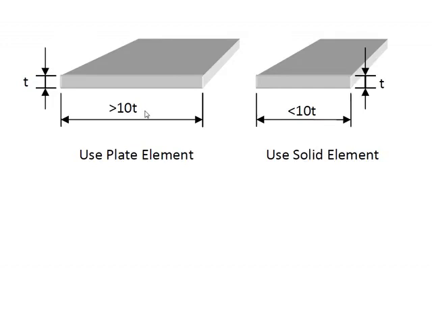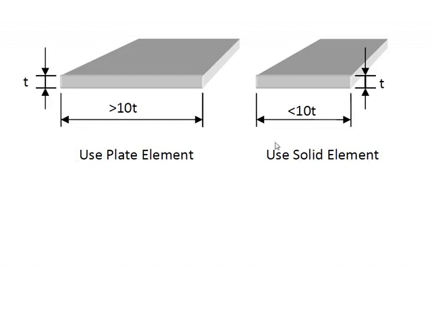So when you take a look at any structure and you're debating the use of plate versus solid types of elements, what you'll do is evaluate the least lateral dimension of the structure and compare that to the thickness. If the least lateral dimension to thickness ratio is greater than 10, then that indicates that the structure is relatively thin and plate-like, and that it's generally acceptable to model that kind of a structure with plate elements.